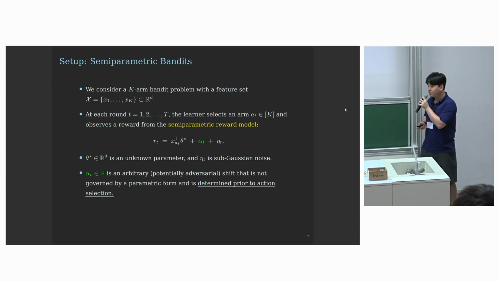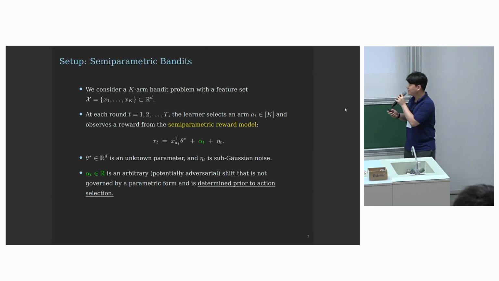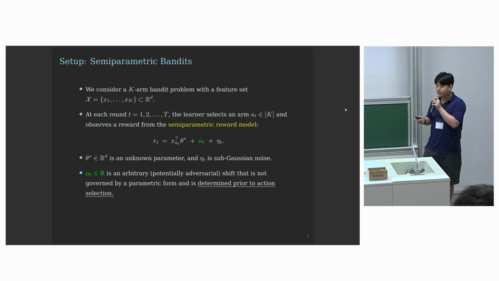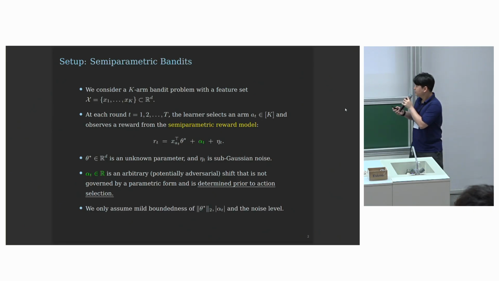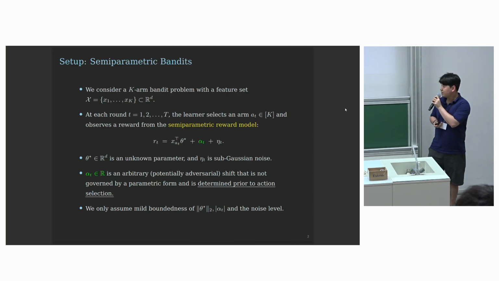A key difference from the linear bandit is that there is a shift term alpha t. Alpha t is an arbitrary bounded shift, and it must be determined prior to action selection, but it can be adversarial. And we only assume some mild boundedness assumptions for the parameters, noise level, shift, and feature norm.